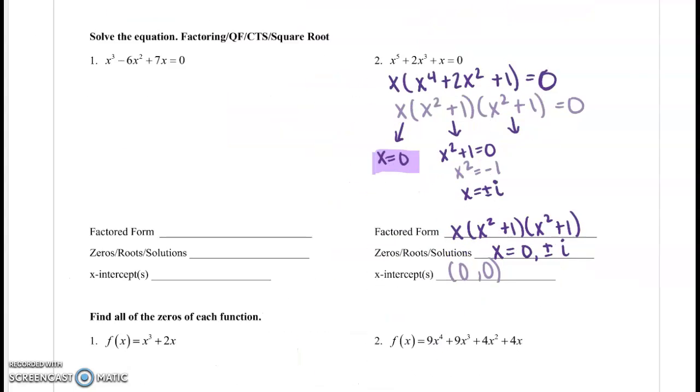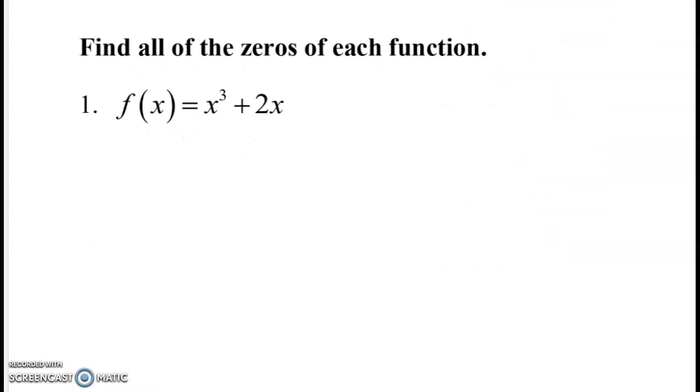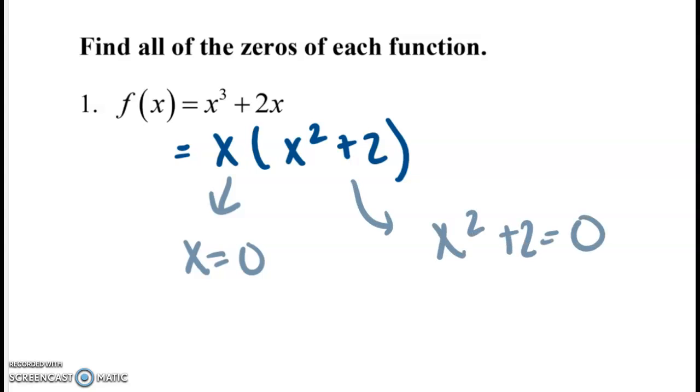Alright, and then let's do number 1 down here, and then we'll flip to the back. Find all of the zeros. This thing is degree 3, so I better find 3. So I've got x squared plus 2. Oh, can't factor any further, so this is factored form. So I've got x equals 0. And solving this, we've got x squared equals negative 2.